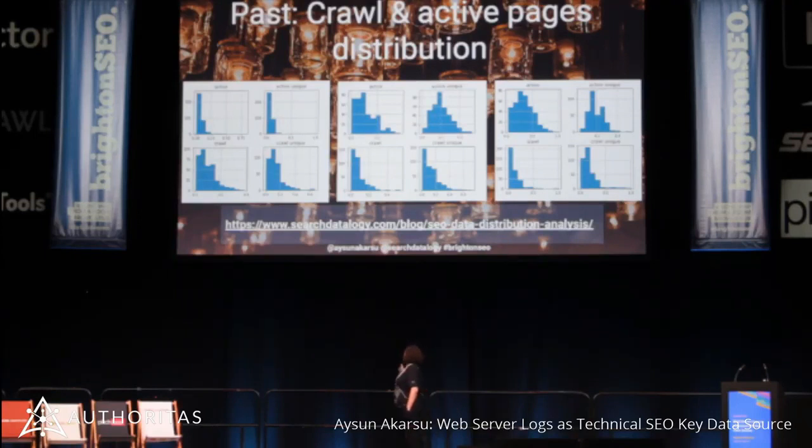So each of them are different. With different time frames, we have different data distribution, and with different categories, we have different data distribution also. This can be helpful in categorizing our data, crawl and active pages, for example. And this can be also helpful in estimating missing data.